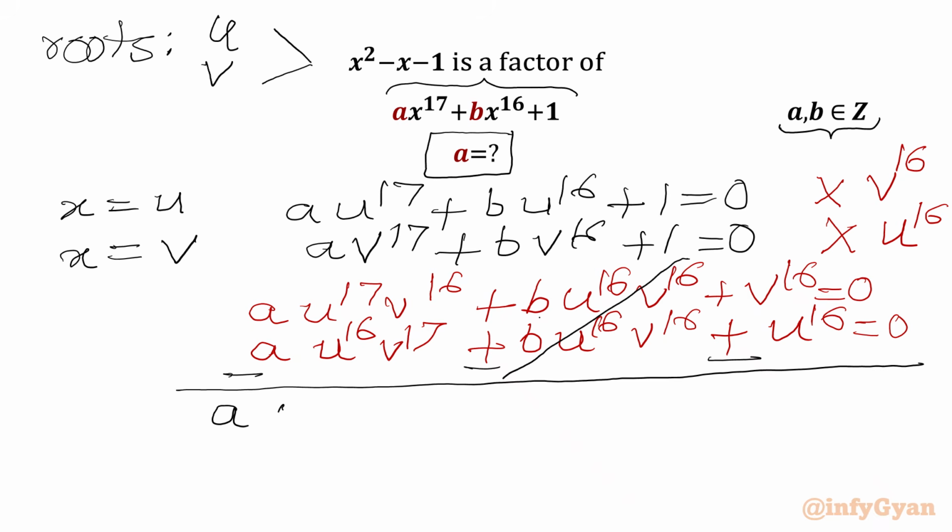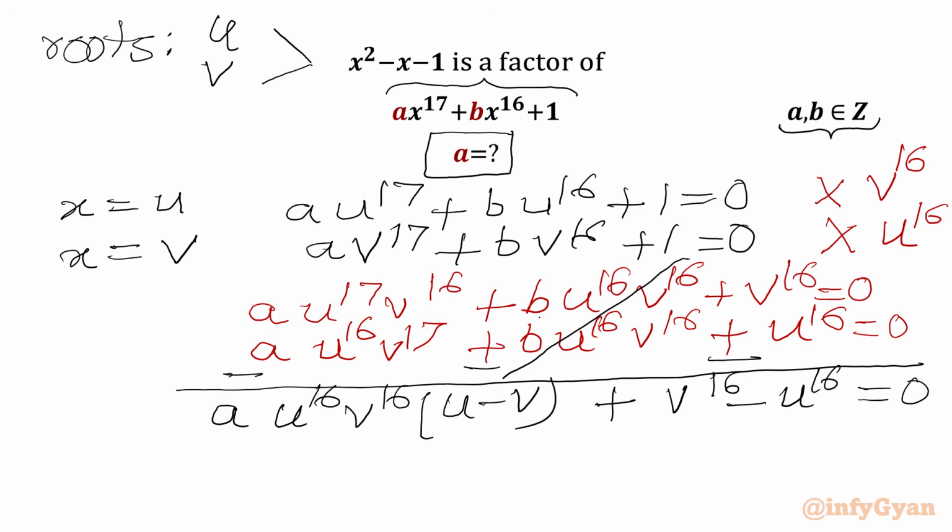We will take u¹⁶v¹⁶ common out, so in the bracket we can write u − v. Here we will write plus v¹⁶ minus u¹⁶ equal to 0.